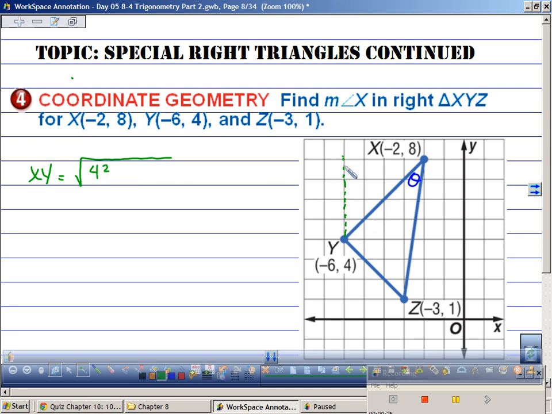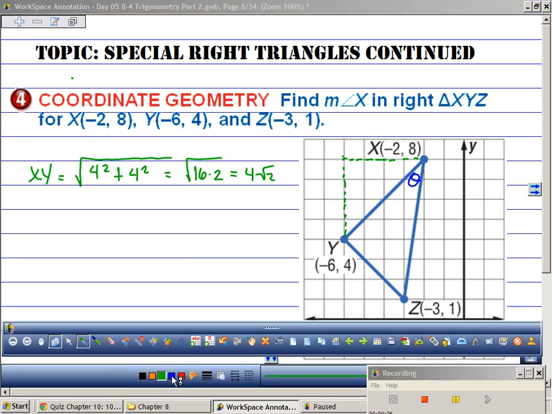And how far is it from -6 to -2? 4. Isn't this 16 plus 16? Or, no. How about 2 16s, which equals 4√2. See, if you keep it simple, it's easier.